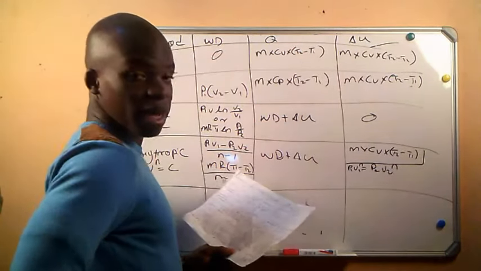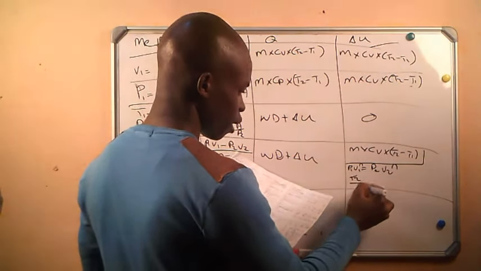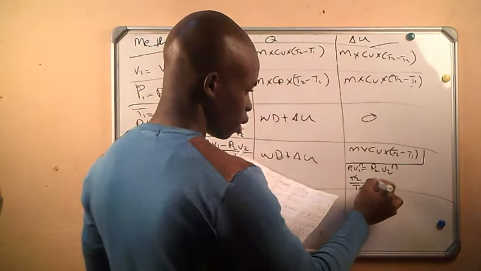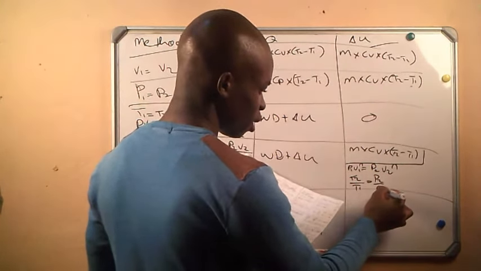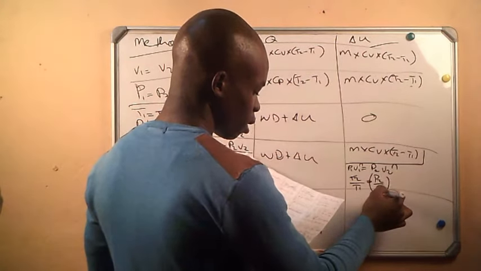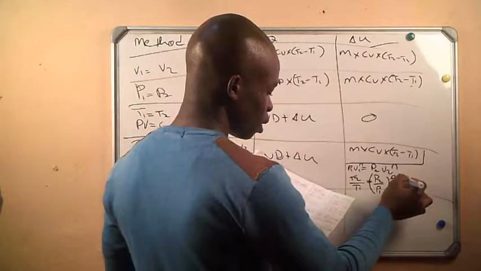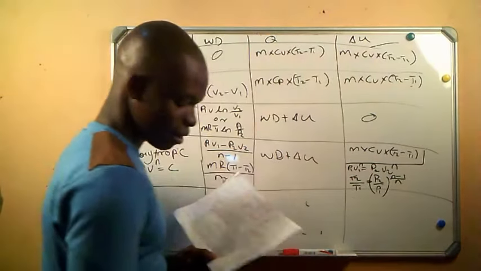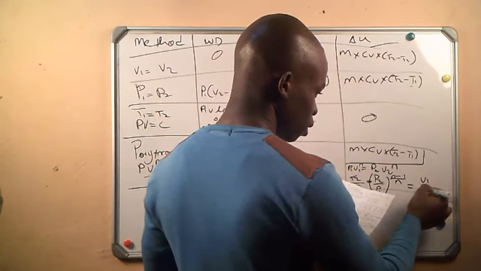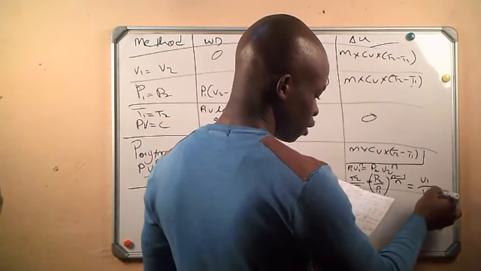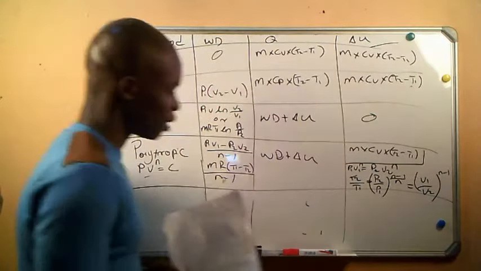And then we have another formula that says T2 divided by T1 is equal to P2 divided by P1, all raised to (n minus 1) divided by n. And then it's equal to V1 divided by V2 all raised to n minus 1.